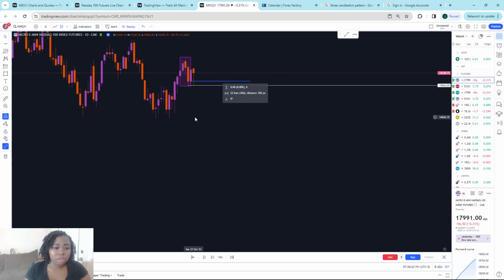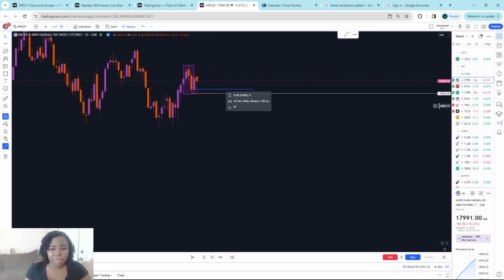If the second candle's wick is lower than the first and the third candle, then I will be looking for the third candle's swing high. But again, since the second candle's wick is higher than the first and the third candle, then I will be looking for the swing low on the third candle.